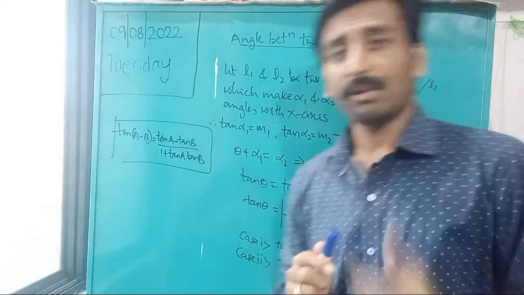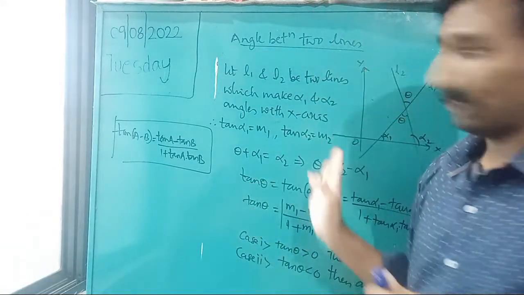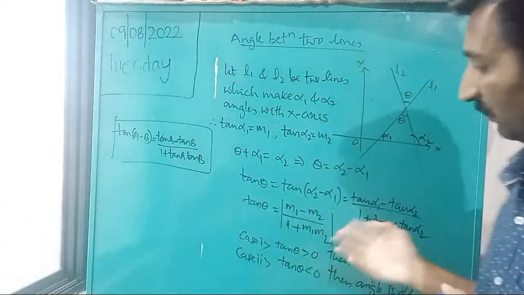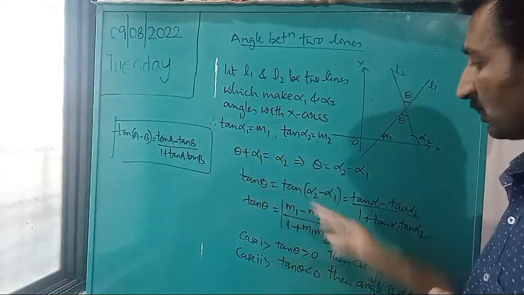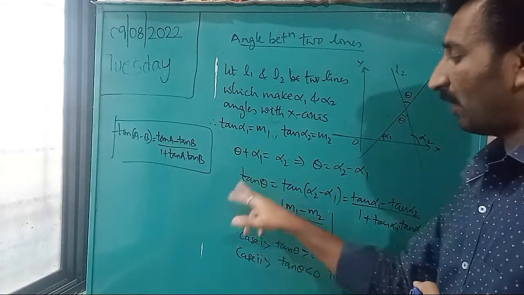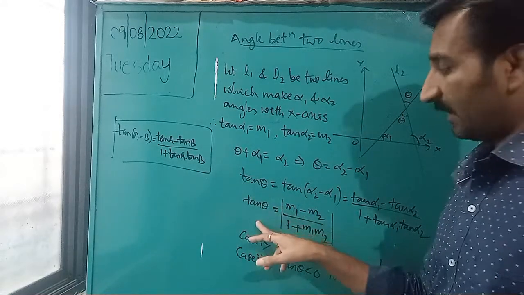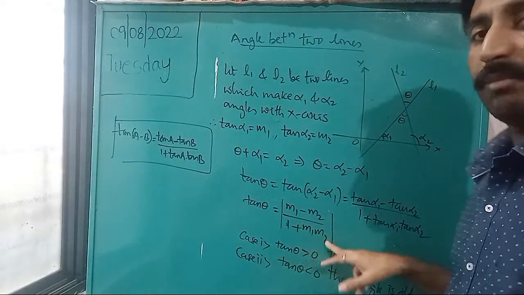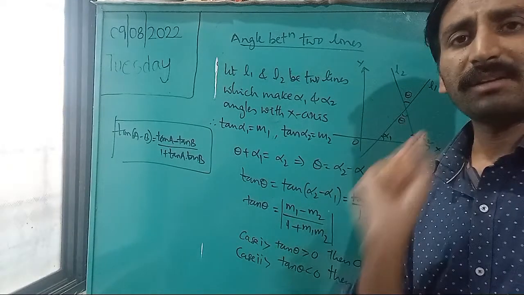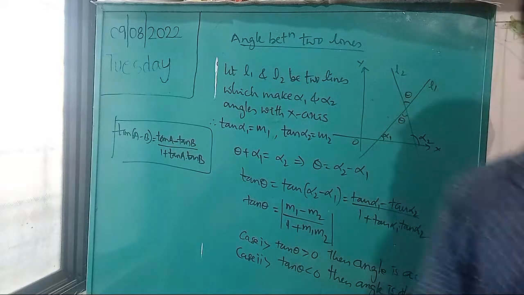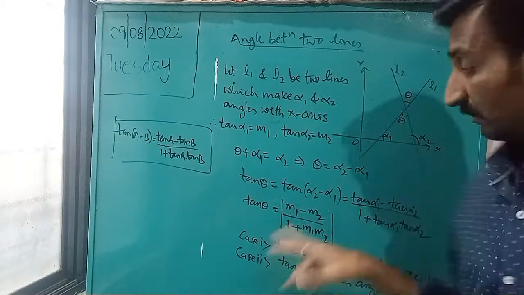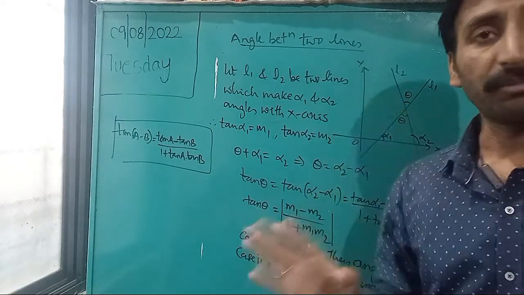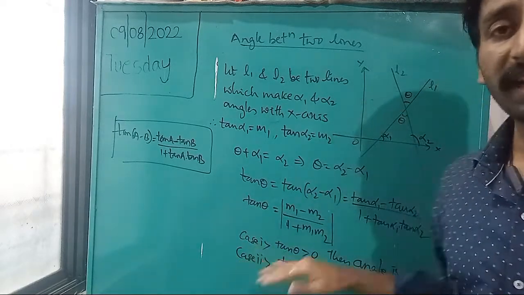And next we go for angle between two lines. आपको angle between two lines तो पता ही होगा क्योंकि ये तो just depends on this one. And here you have to remember the formula: tan theta equal to m1 minus m2 divided by 1 plus m1 into m2. You must remember this is the angle between two lines.